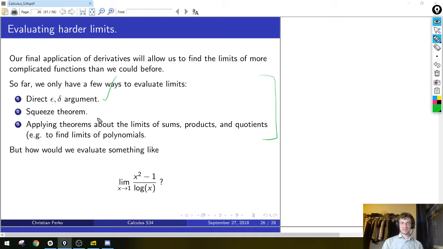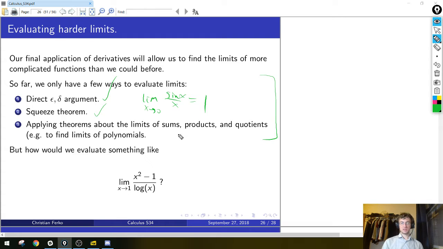Our second way of doing this was using the squeeze theorem. This is, for instance, how we proved that the limit as x goes to 0 of sine x over x is 1, using the squeeze theorem with the triangle area argument that we had before.